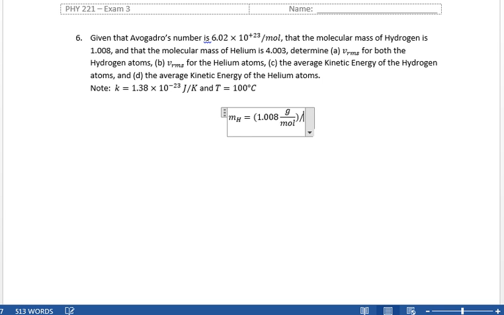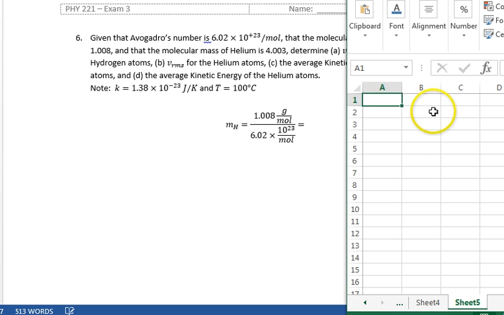which is what the atomic mass gives us, divided by Avogadro's number, 6.02 times 10 to the 23, per mole. Let me write in Avogadro's number since we'll need it more than once.